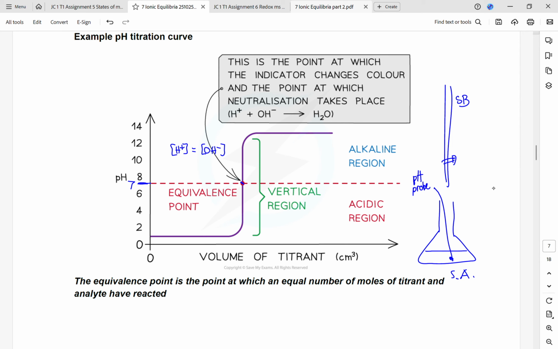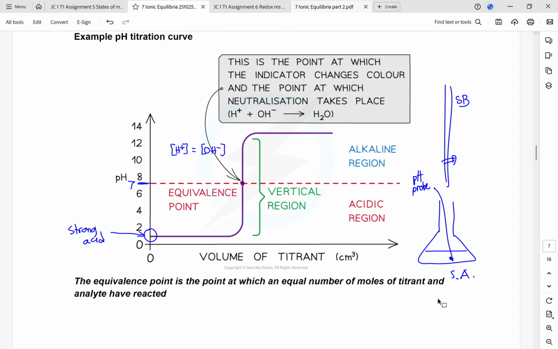You will start with pH around 1 for a strong acid. For a weak acid, the pH will be around 3. But for strong acid, it could be pH 1, sometimes pH 0, doesn't matter. We will not be too picky. As long as you use 1 or 0, it's fine. Just use 1, guys, for strong acid.